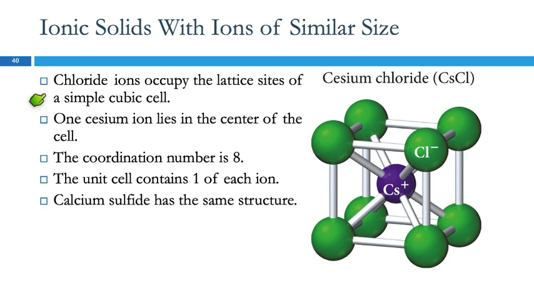So here we're looking at cesium chloride. So in cesium chloride, the cesium ion and the chloride ion are very similar in size. And so what we have here is the chloride ions are forming a cubic unit cell. So now different colors represent two different kinds of atoms, or ions.